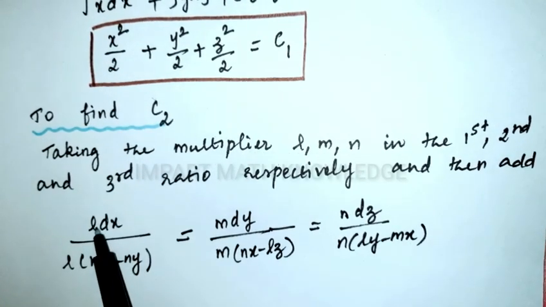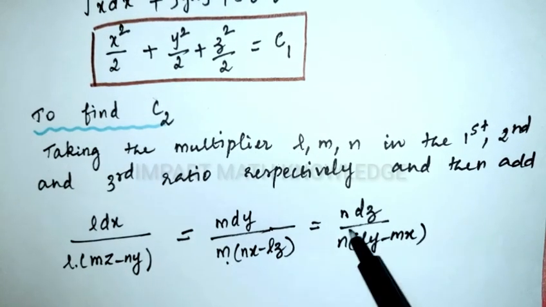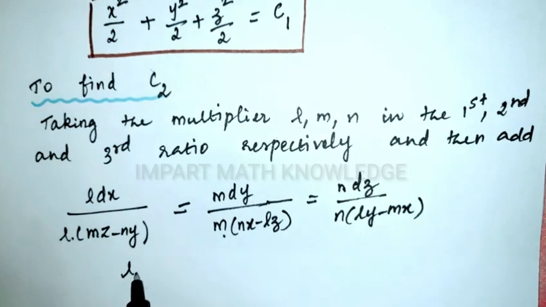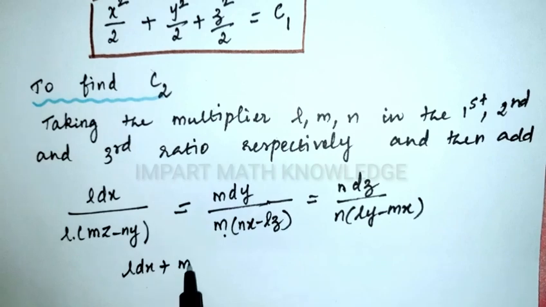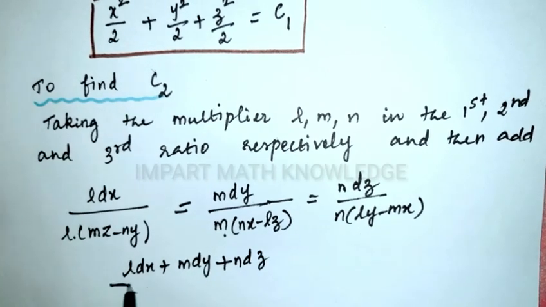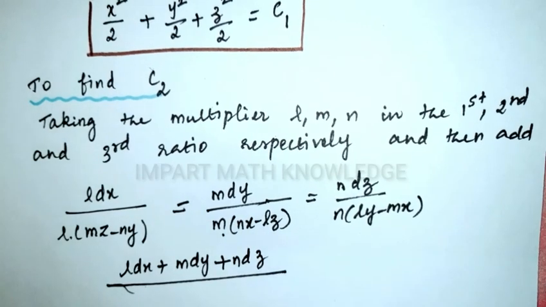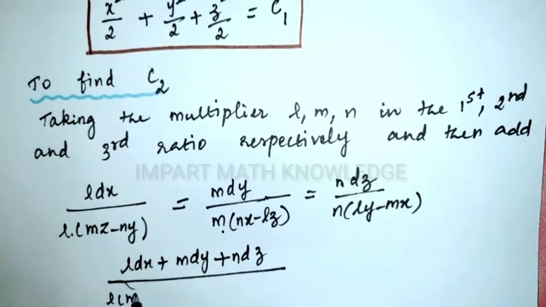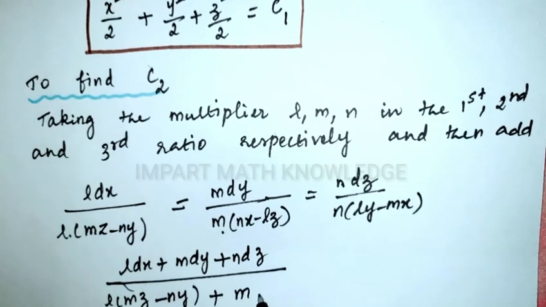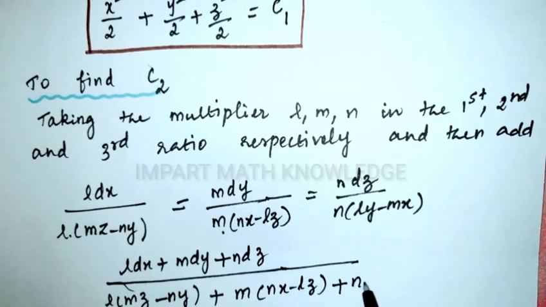Taking the multipliers l in the first ratio, m in the second ratio, and n in the third ratio, and adding this, that is l dx plus m dy plus n dz by l(mz minus ny) plus m(nx minus lz) plus n(ly minus mx).